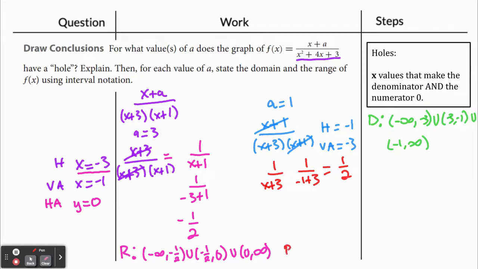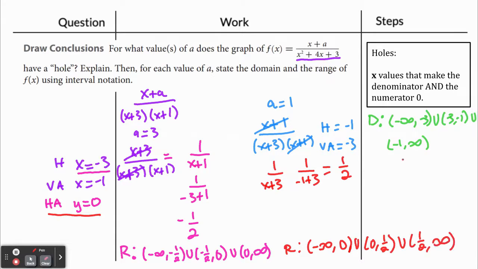So I have a range here of negative infinity all the way to 0, and again, it's 0 because we still have a horizontal asymptote at y equals 0. Then from 0 to 1/2, then 1/2 to positive infinity.